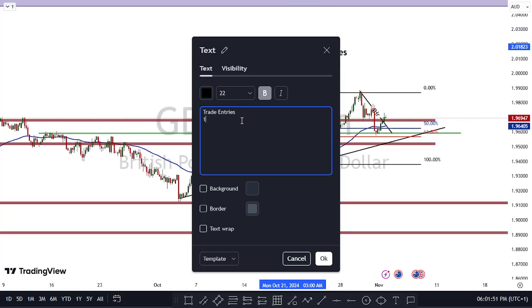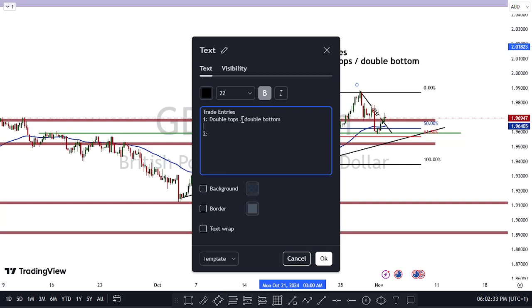Number one is going to be double tops and double bottoms.